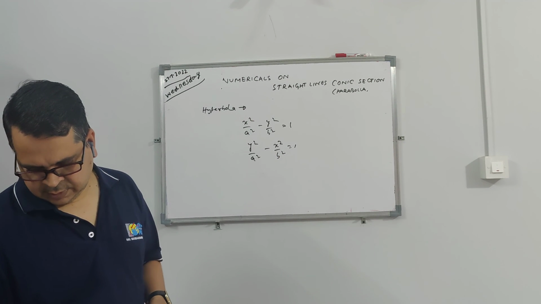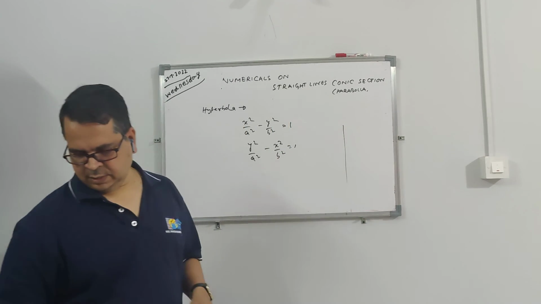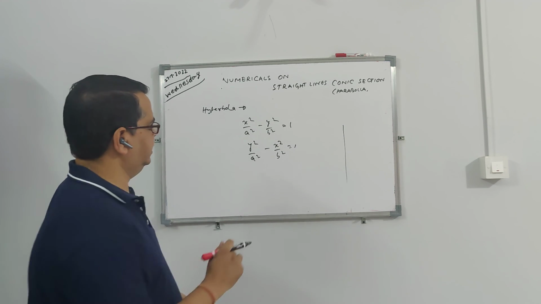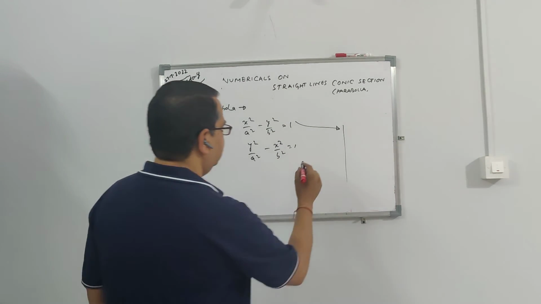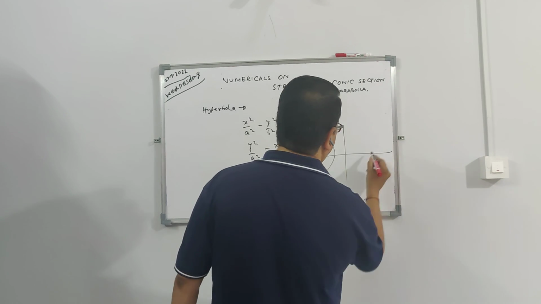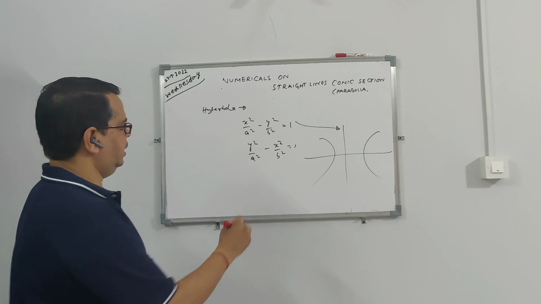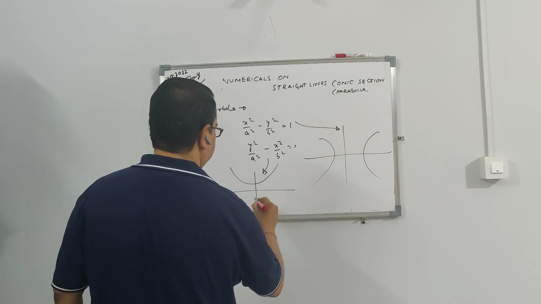Then how do these hyperbolas look like? It is something like this for this equation, and this equation is something like this.